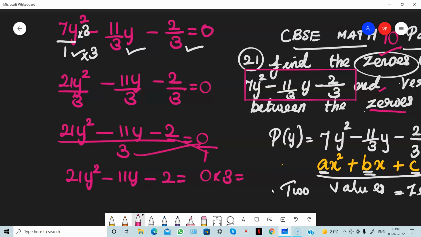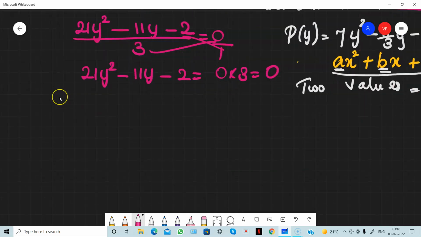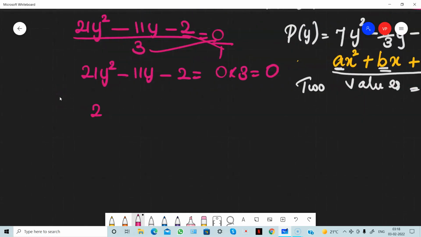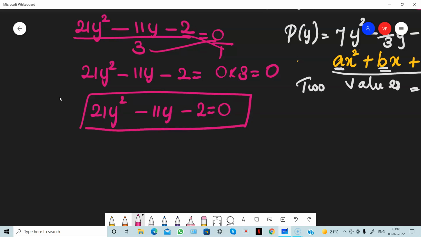If you take cross multiplication, we get 0. So the quadratic equation is 21y square minus 11y minus 2 equal to 0. This is a simplified equation. We didn't solve yet. If you solve, you will have 2 solutions, which are called zeros. So can you find them?